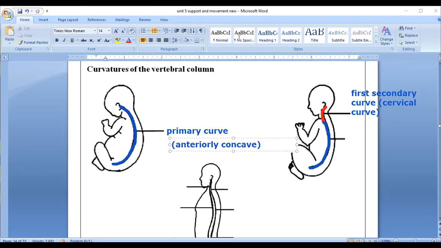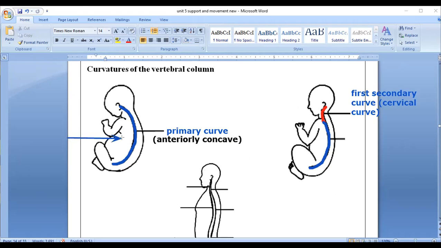Anteriorly concave. Understood? Yes, sir. Right. If it is staying anteriorly concave, then it will be a primary curve. If you take the secondary curve, anteriorly means front.